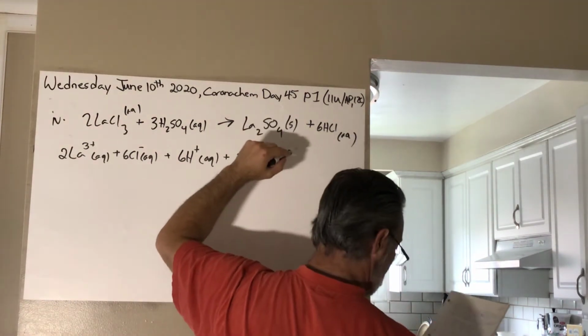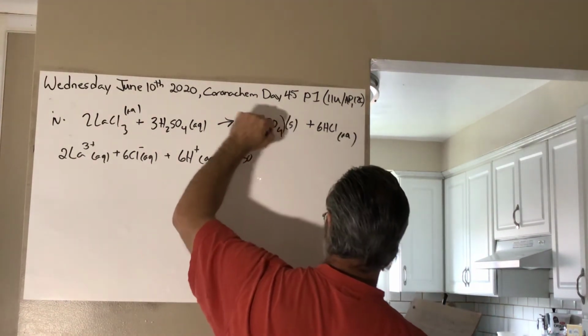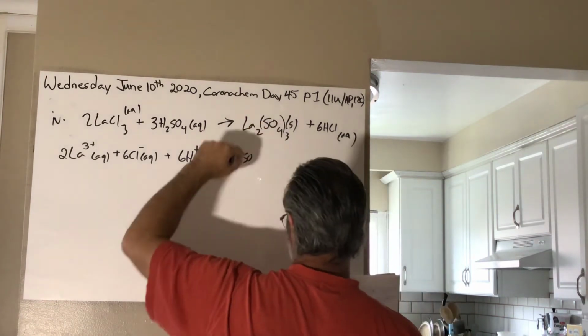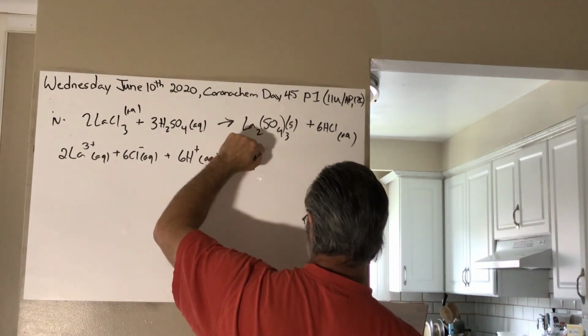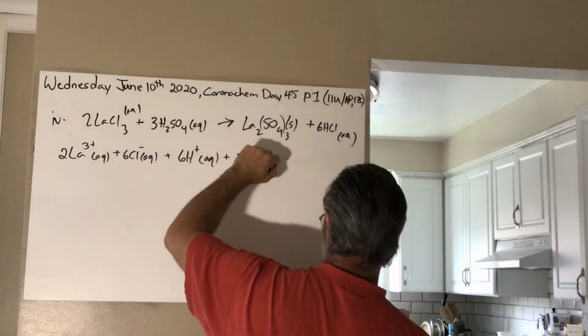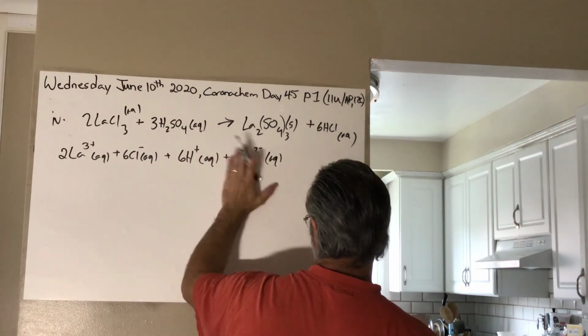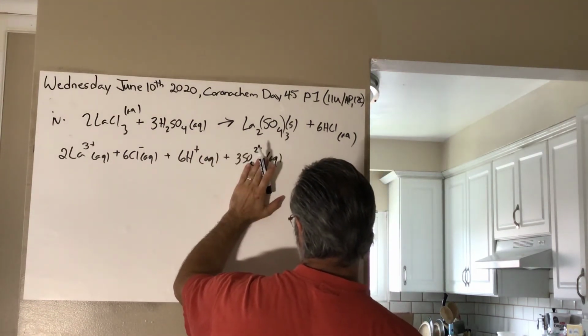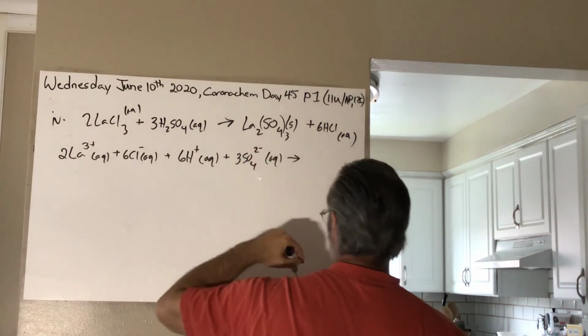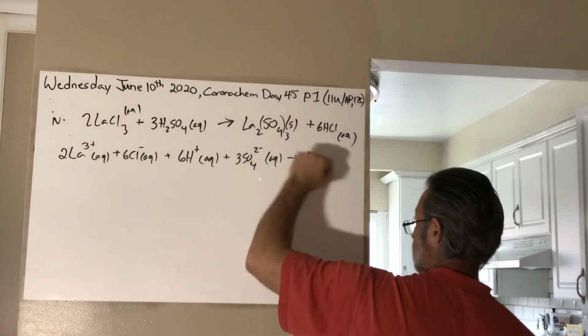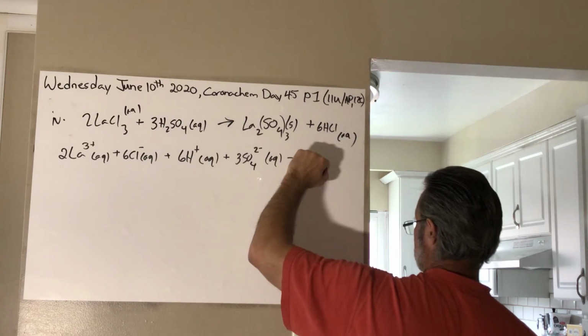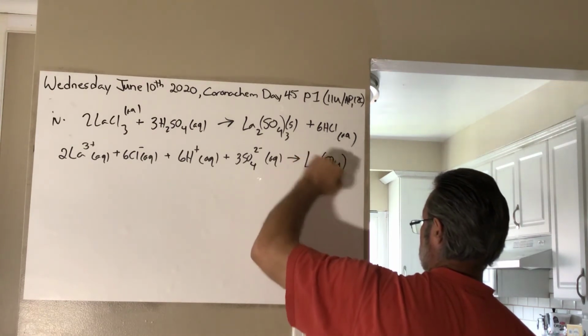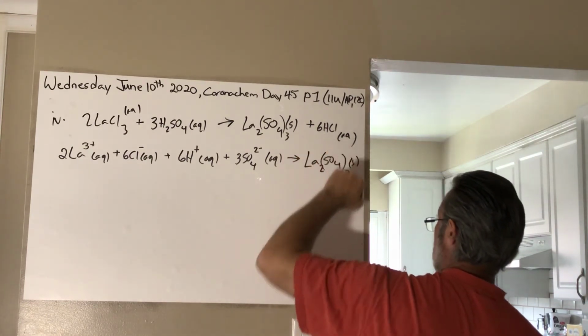SO4 has to have 3 sulfates with a -2 charge, aqueous. On the other side, we haven't reached that part yet. Then you're going to get your lanthanum sulfate. That's going to be a solid.